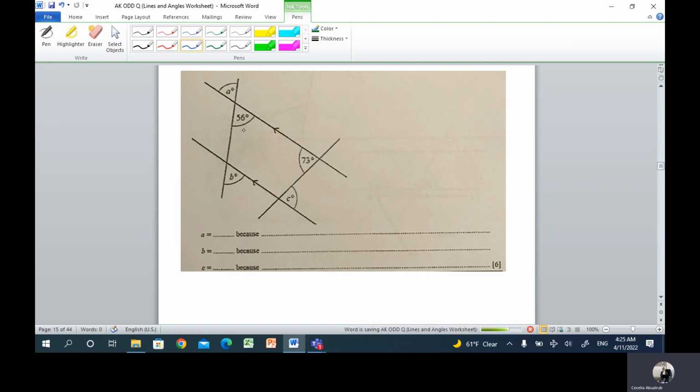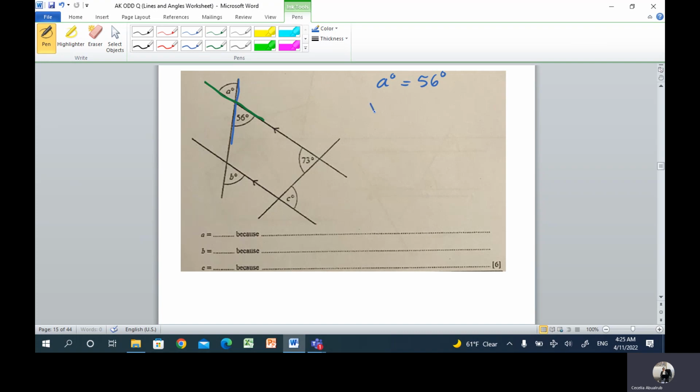So if you start with A, as you can see here, the angle between the navy line and the green line, they are equal. So we're going to say angle A is equal to 56 degrees.